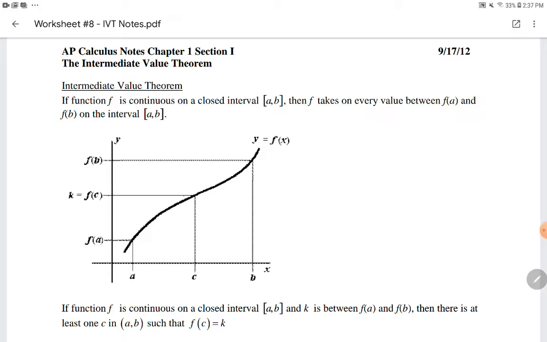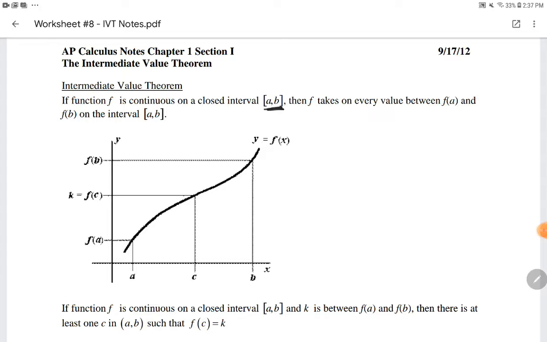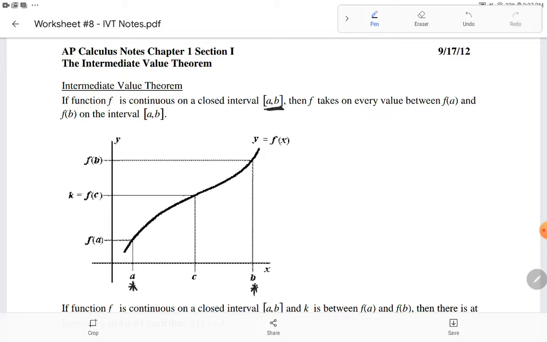All right. Intermediate value theorem we discussed in class. If you have a continuous function on a closed interval, that just means from like two x values. So in this case, it's from here, a, up to b. And you can see I have a continuous function. There's no breaks in it. There's no discontinuities.